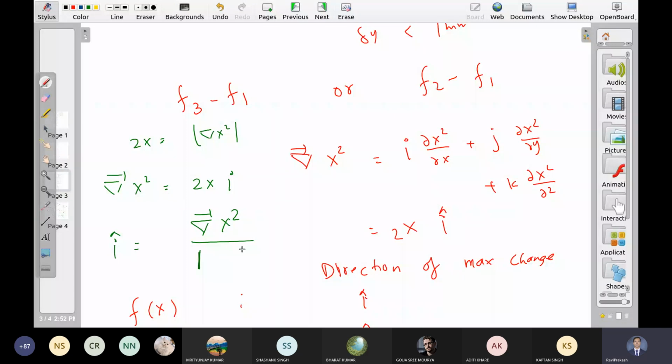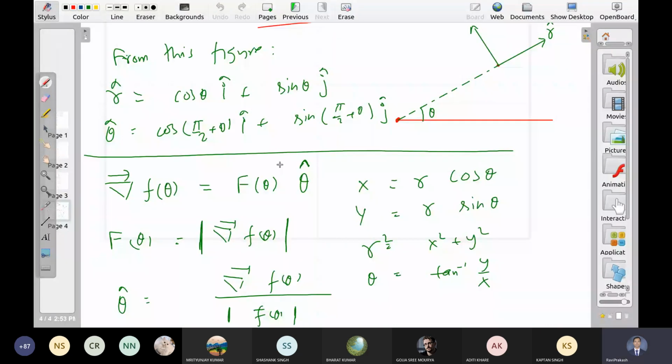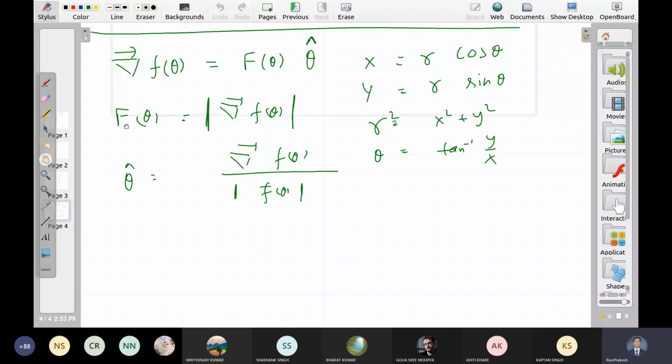That's how you calculate unit vector. किसी भी डायरेक्शन में आप पता करते हैं. You apply the same technique. वही हम यहाँ पे कर रहे हैं. What is theta here? This. Use any function of theta. आप theta का जो फंक्शन चाहे यूज कर लीजिए in this example and it will automatically give you theta cap.